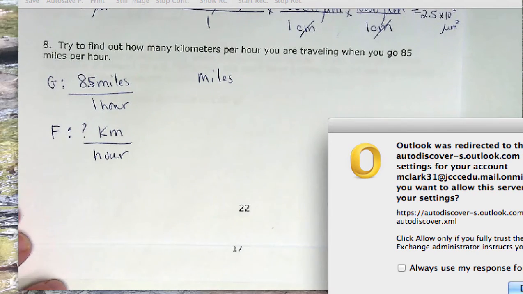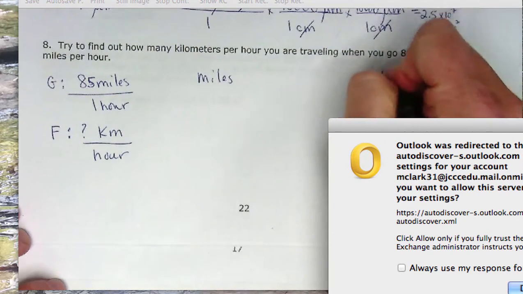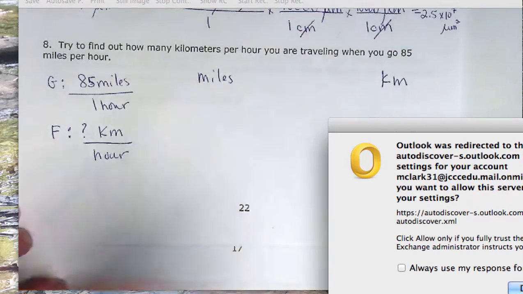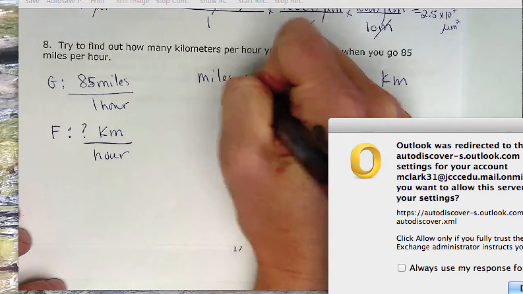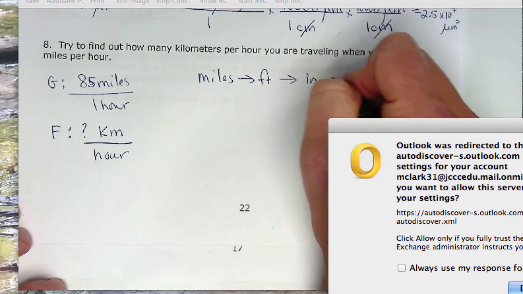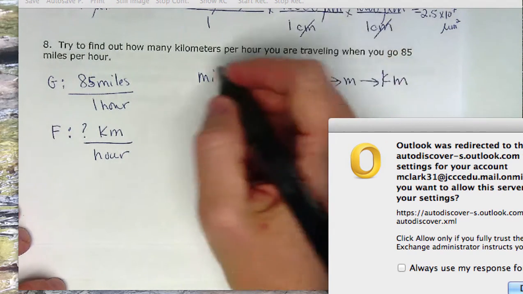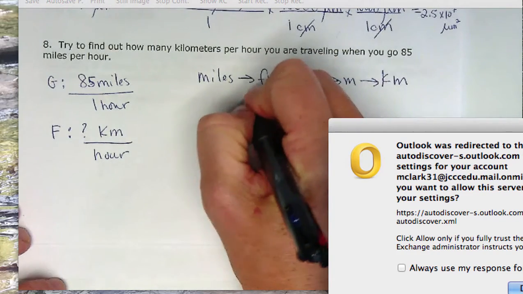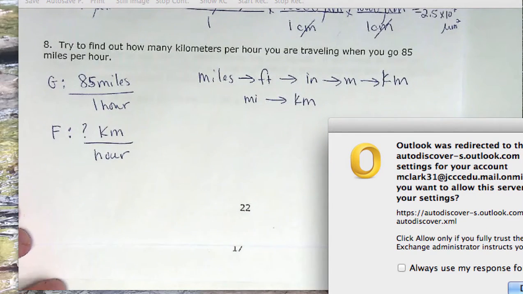It's not going to get converted at all. But you're going to change your numerator, using the conversion factors that I have written on that table: miles to feet, feet to inches, inches to meters, meters to kilometers. Or you can do the one step like you did. What was yours? Miles to kilometers. Perfect. Just one step.